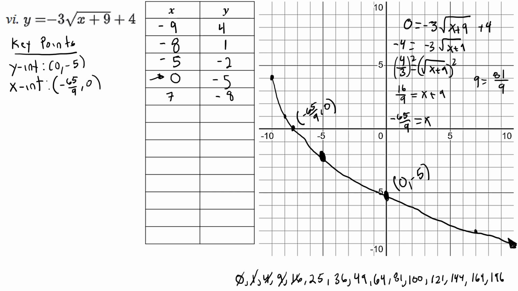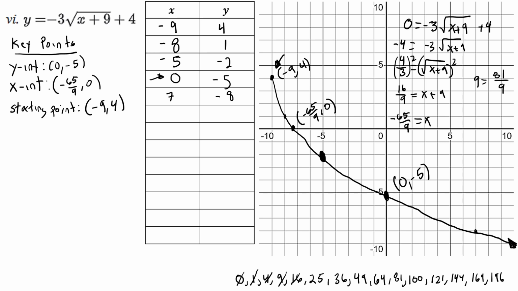Now, another kind of key point is where graphs tend to start or stop. Well, this graph seems to emanate or start from that point there. So we're going to call that the starting point. And so that was the first point I graphed. That's the point negative 9, 4. And so we want to name that point. Now these graphs can end.